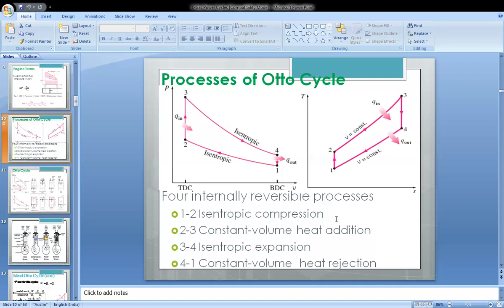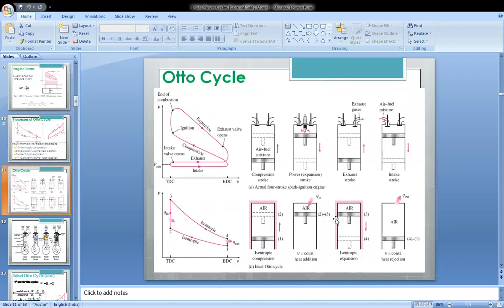We discuss these with the help of suitable expressions. Let us observe how the air-fuel mixture enters in the suction stroke, and how the operations take place: compression, power, exhaust, and intake.